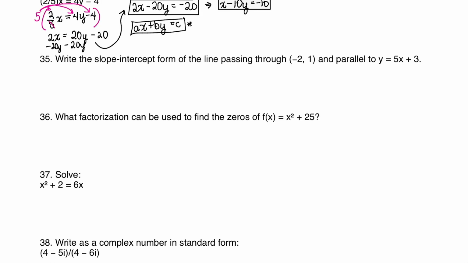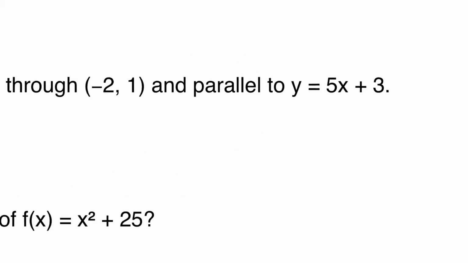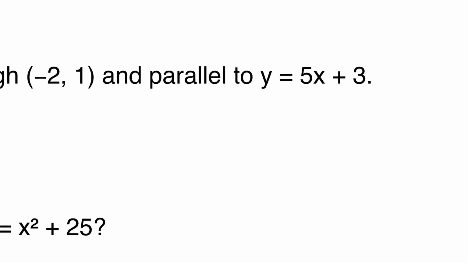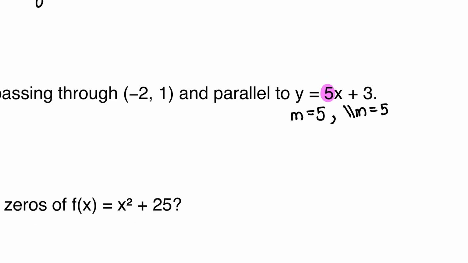Number 35, write the slope-intercept form of the line passing through negative 2, 1 and parallel to y equals 5x plus 3. The only thing that we have to extract from this equation here is our slope. So we're going to go ahead and pull out that 5. And our slope that's parallel to that is going to also be 5.